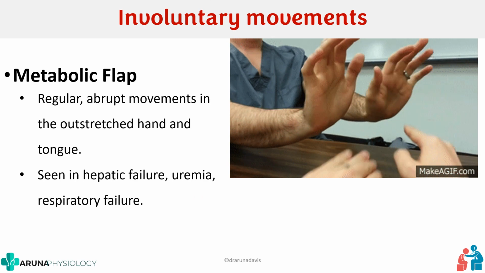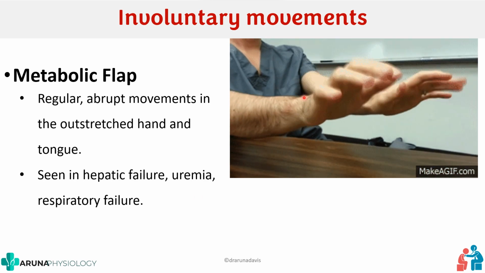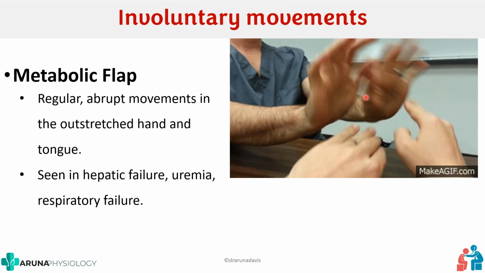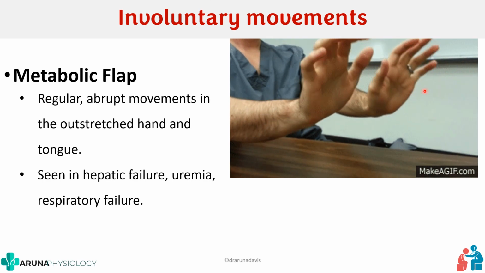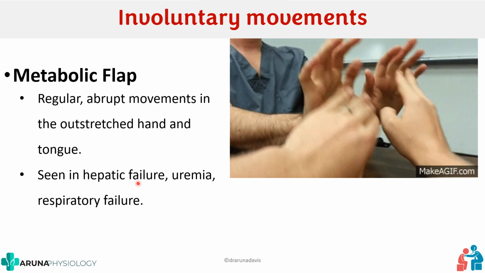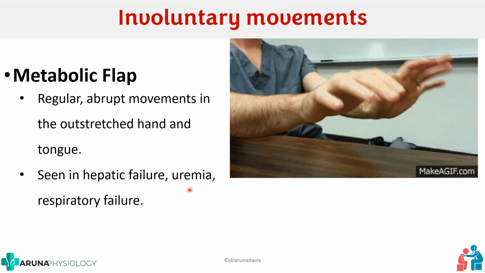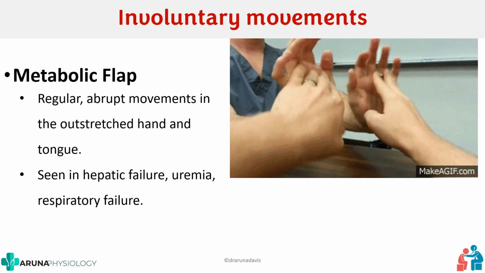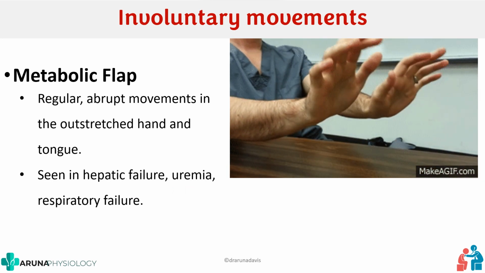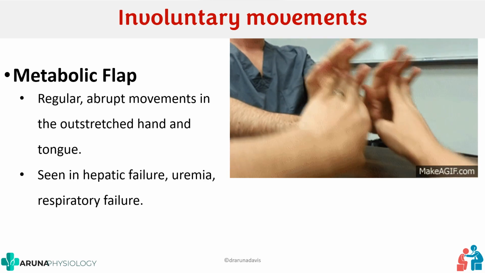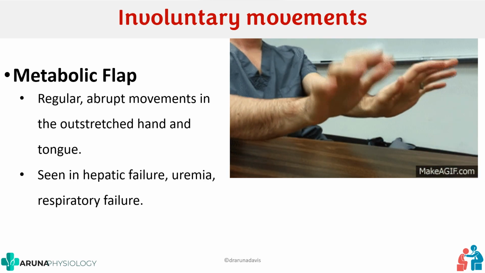When the hand is outstretched, the person has this flap like movement. This is called the metabolic flap, and it is usually seen in hepatic failure, uremia and respiratory failure. So that completes the involuntary movements. Check whether there is any tremor, chorea, athetosis and metabolic flap.